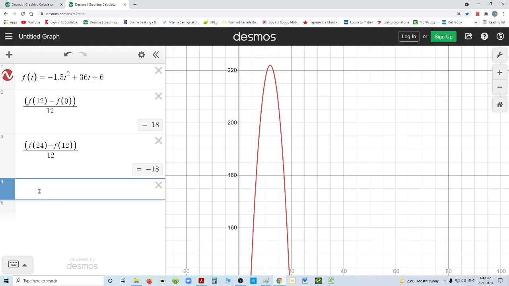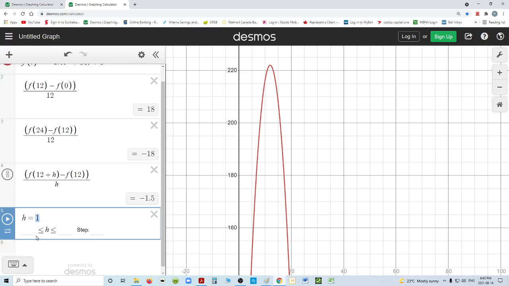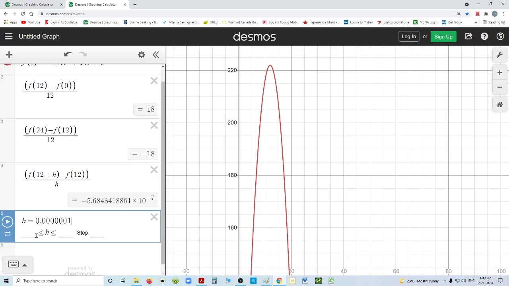And to prove this, I'll show you what f of 12 plus h minus f of 12 divided by h is, and I'll put h at 0.01. 0.000001.